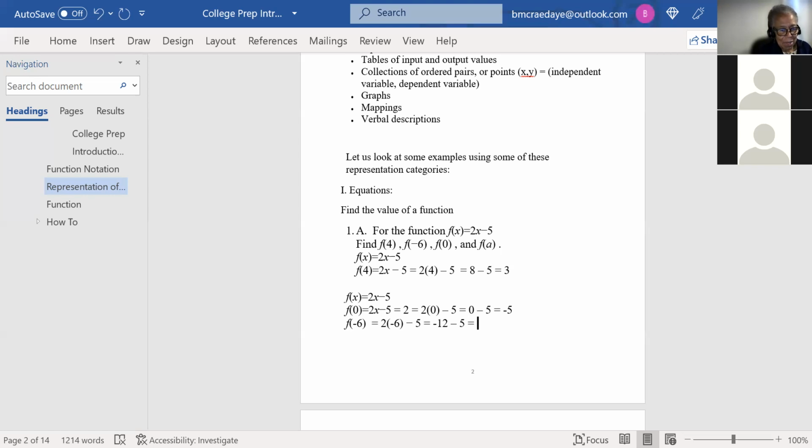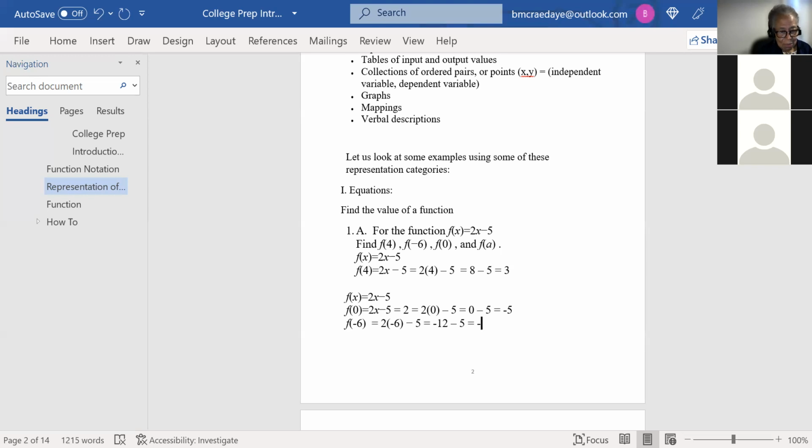That equals minus 7? No, you're adding. You're adding the minuses. So minus plus minus is minus. So add the 12 and the 5, you get what?